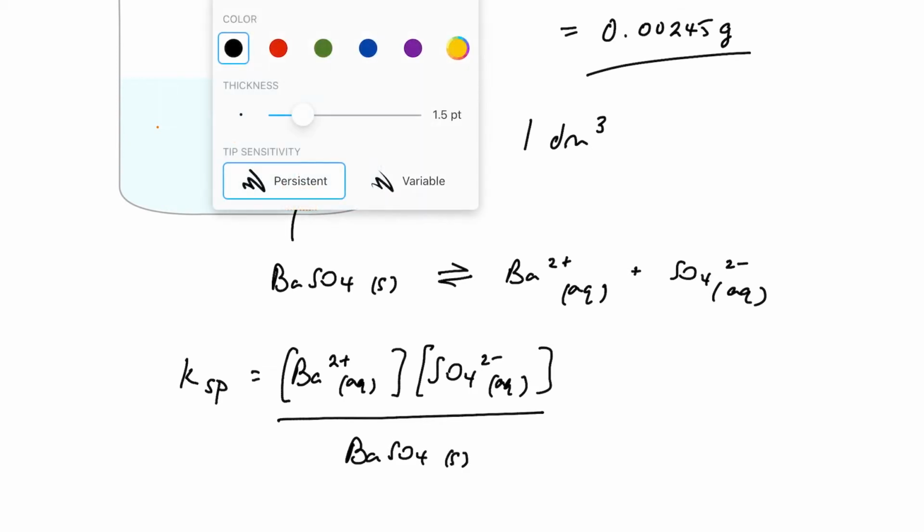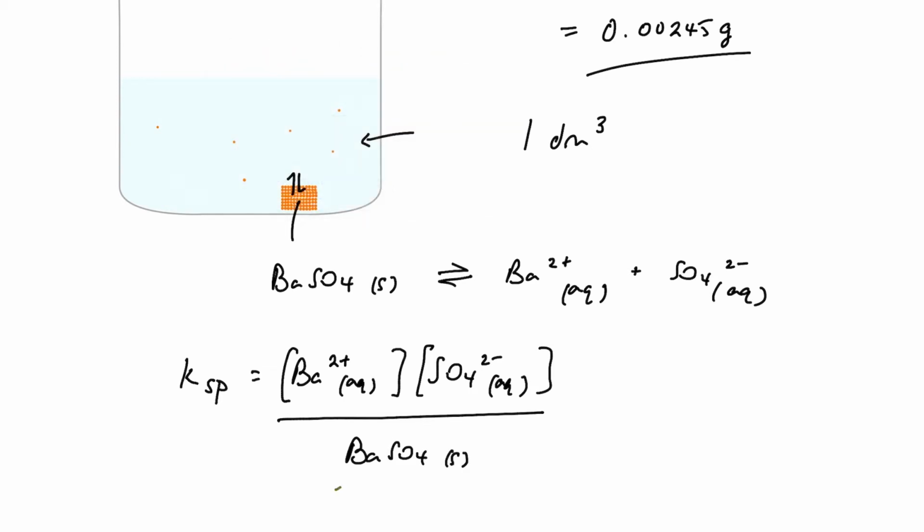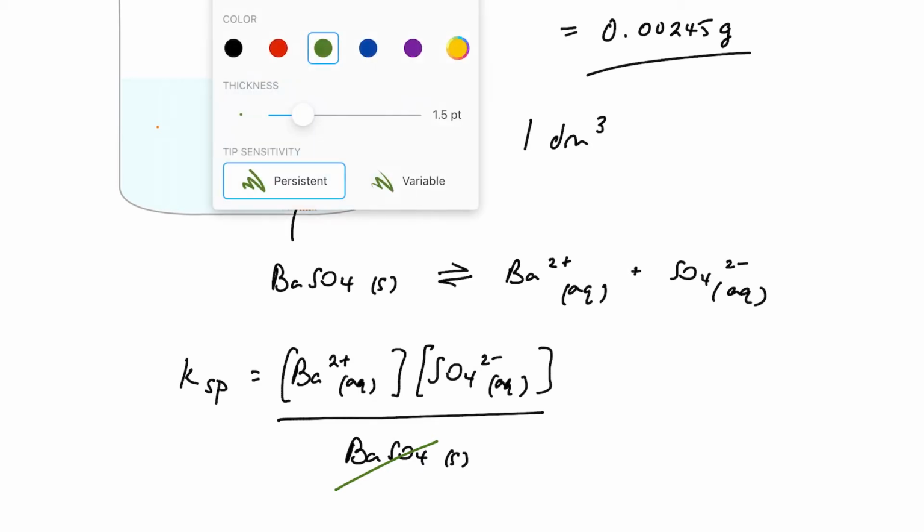Now, of course, we can't have a concentration of a solid, so we can ignore that. So the solubility product is essentially the product of the concentration of the ions in solution.